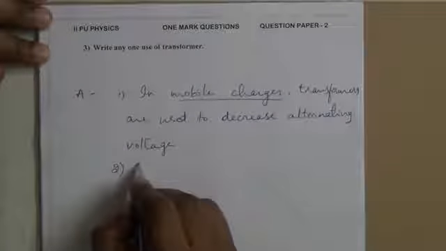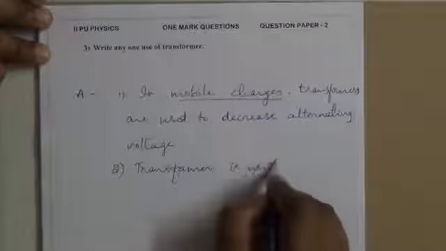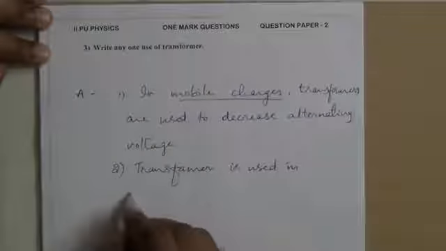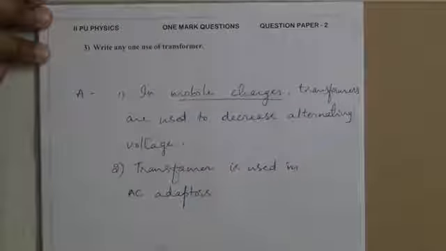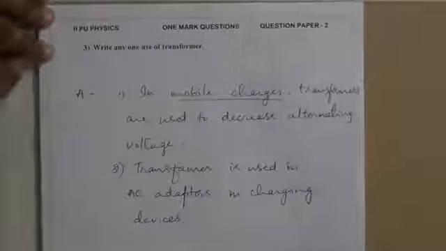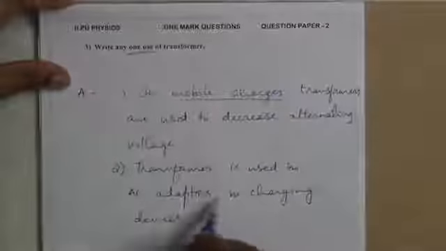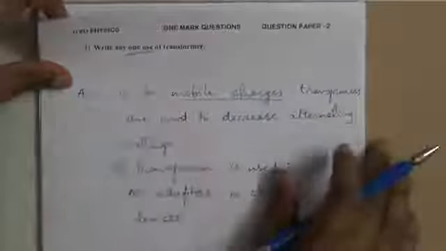So a transformer is used in AC adapters in charging devices. It is always better to write two uses. Since it is for 1 mark, always try to write two uses.